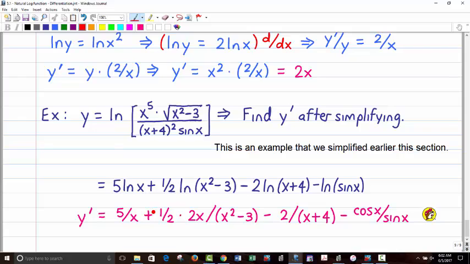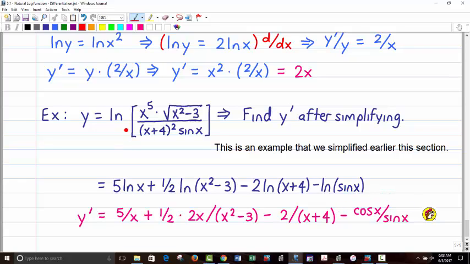Therefore, y prime, you just take each of these derivatives. So that'd be 5 over x. The derivative of minus ln of x squared minus 3 would be the derivative of x squared minus 3, which is 2x over x squared minus 3. And then the derivative of x plus 4 would be 1. You already have a 2 there, so 2 times 1 is 2 over x plus 4. Then the derivative of natural log of sine of x would be the derivative of sine of x, which is cos of x, over sine of x.